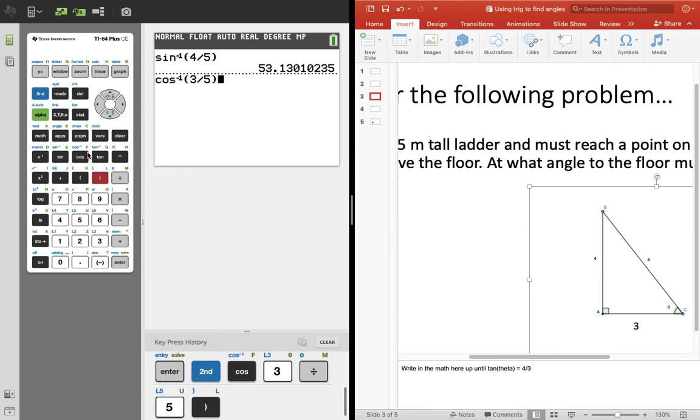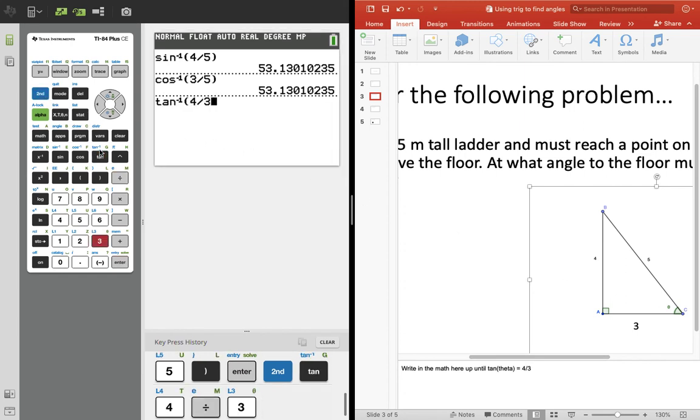So if I put that into the inverse cosine by hitting second cosine, it will also tell me that same angle. Or alternatively, I know that the tan is 4 over 3. So if I put inverse tan of 4 over 3, that would also give me this angle.